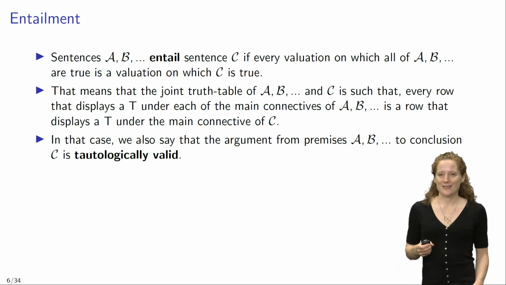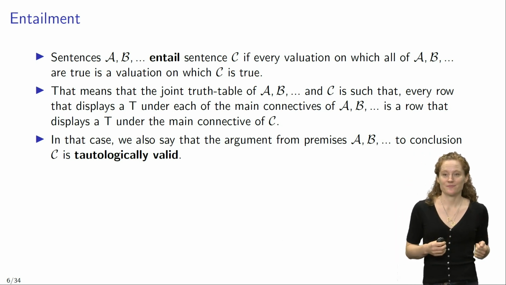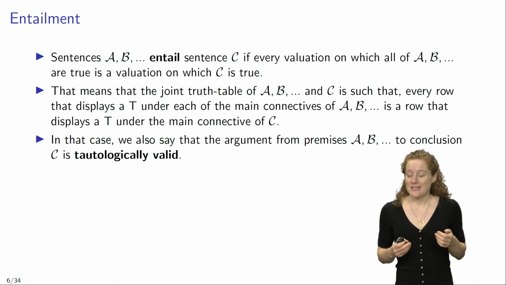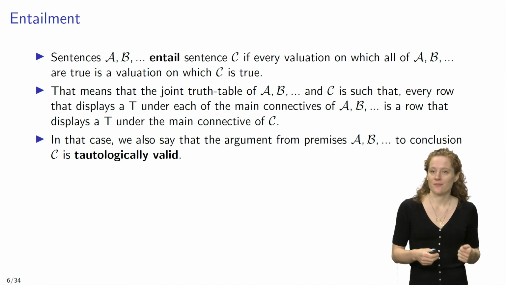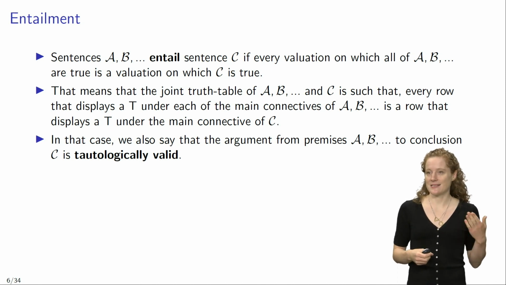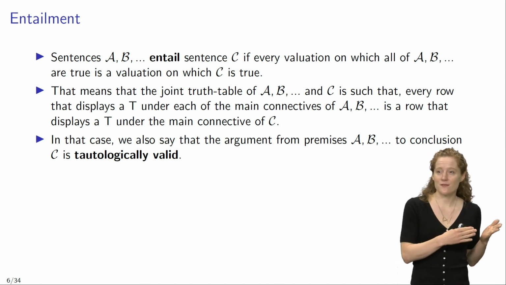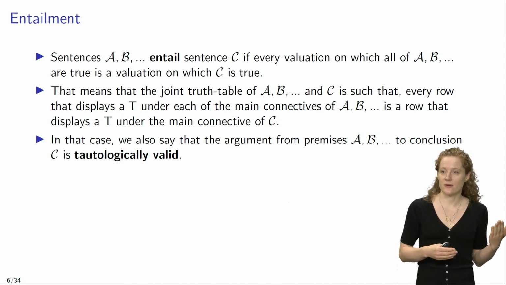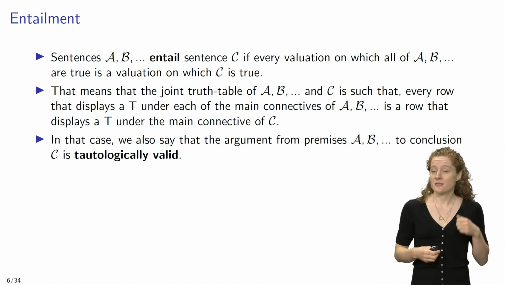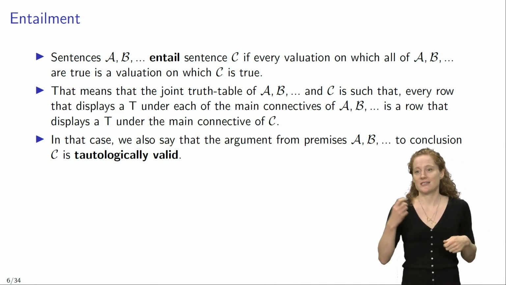Finally, let's talk about entailment. A set of sentences, A, B, and so on and so forth, entails a sentence C if every valuation on which all of A, B, and so on and so forth are true is also a valuation on which C is true.